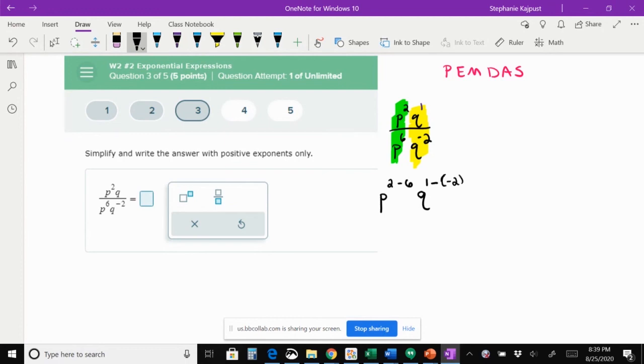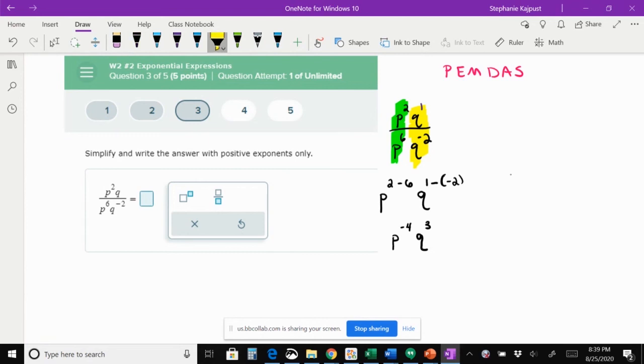This is usually where people mess up, because you're subtracting a negative. So 2 minus 6 is negative 4, so P has an exponent of negative 4 now. Then Q, 1 minus negative 2 is the same as 1 plus 2, so that's going to have an exponent of 3.